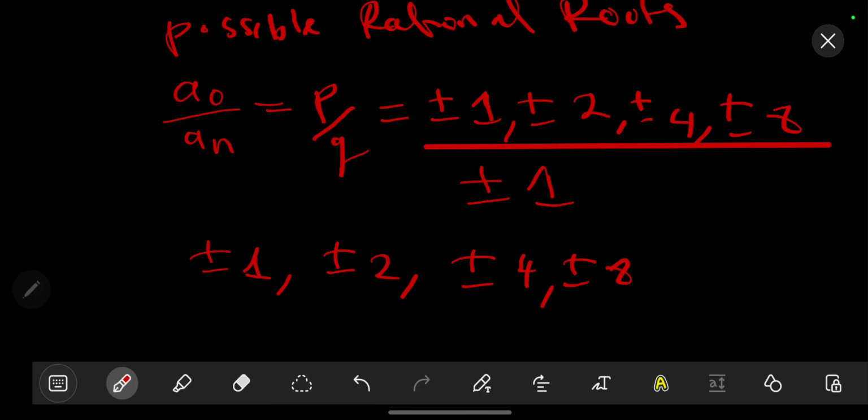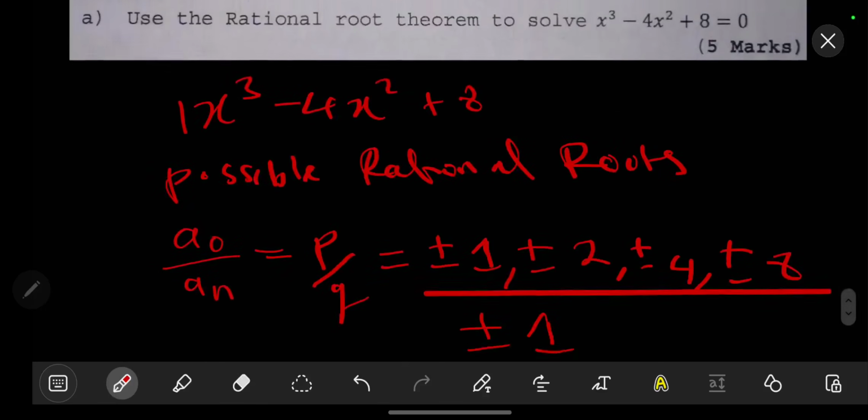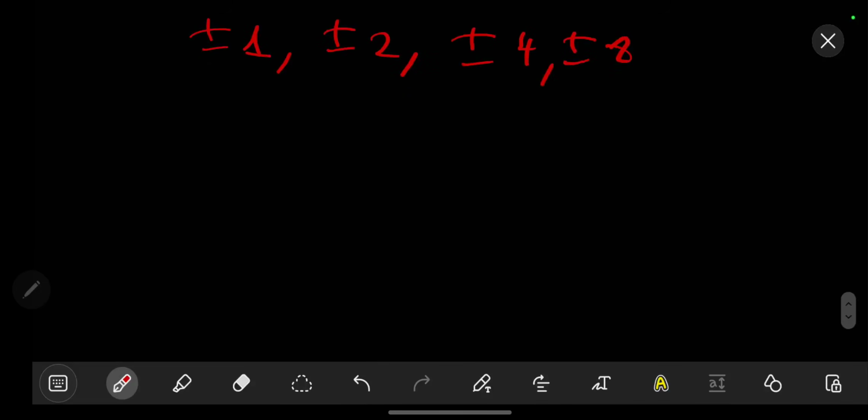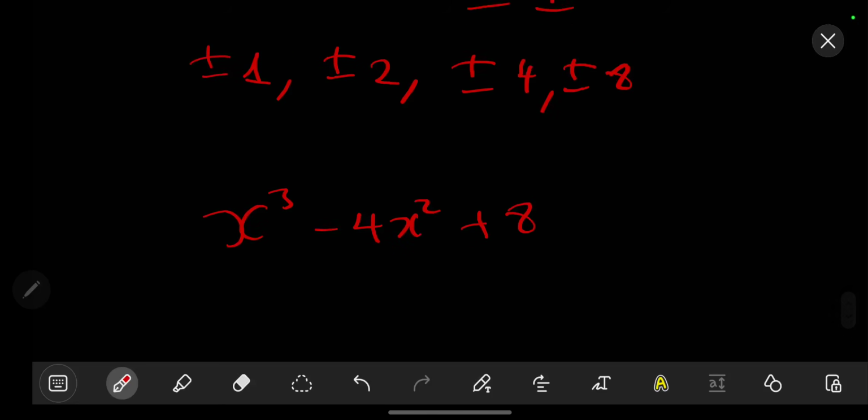Looking at this problem, x cubed minus 4x squared plus 8, if we replace a certain value here, it should give us 0 as our remainder. We cannot even use 1 because 1 minus 4 is negative 3 plus 8, which will be a waste of time.